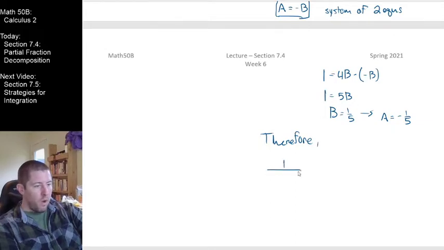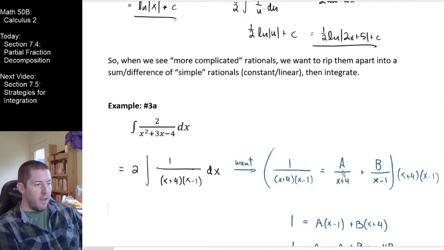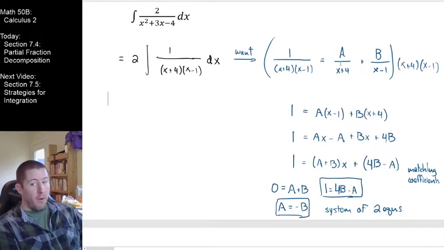Therefore, 1 over x plus 4 times x minus 1 should be the same fraction as negative 1/5, that was a, over... let me make sure I got these in the right order. By the way, you'll have to double check what variables were attached to what denominators here. I forget every time. I've got to look back up at the original part of my work.